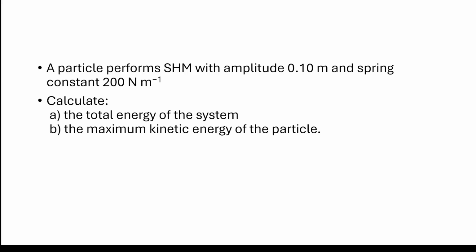A particle performs SHM, so this time the amplitude is 0.10, spring constant k. Calculate total energy. So again, calculating total energy from maximum PE, half ka squared. So half times 200 times 0.1 squared, that is, I think, 1 joule.